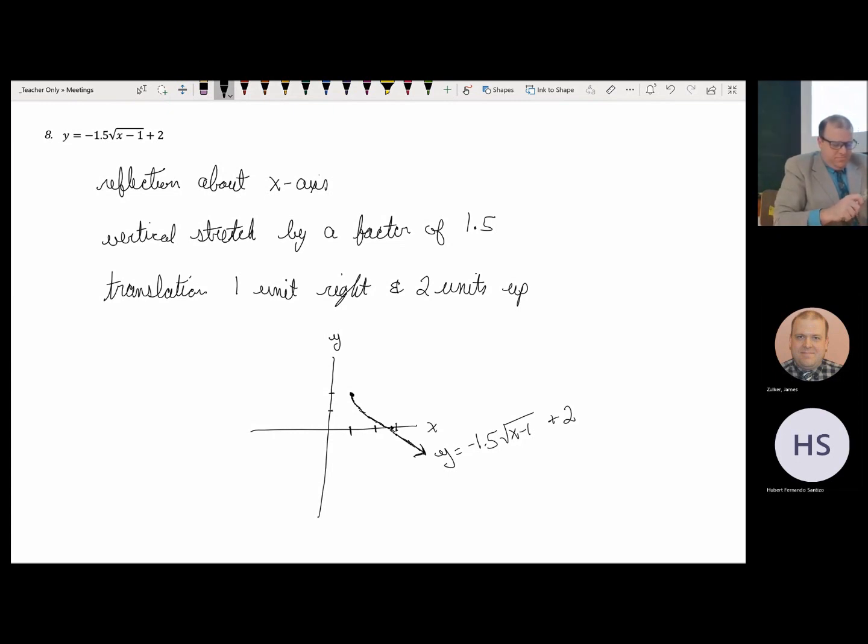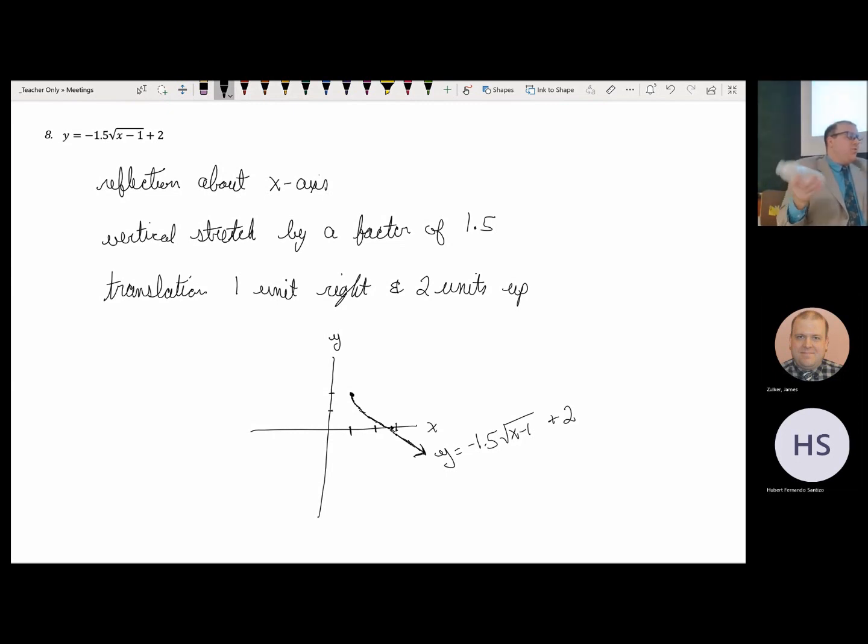Are we able to tell if it's a vertical stretch again? If the function is being multiplied by some value, right? So you're multiplying after the function, like 8 times f of x. And so what's being affected is the range, the output. So that tells you it's going to be a vertical stretch or compress. The size of the constant tells you if it's a stretch or a compress.